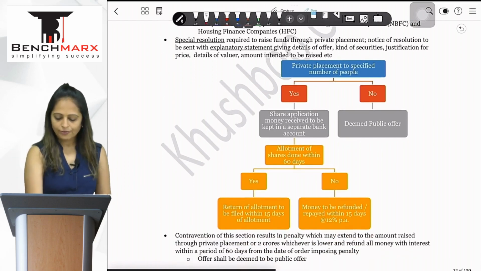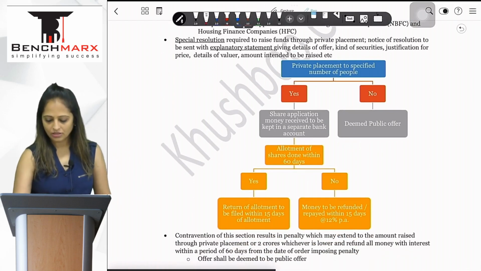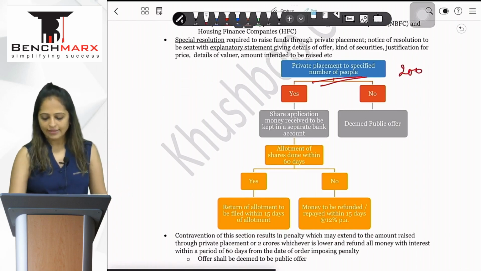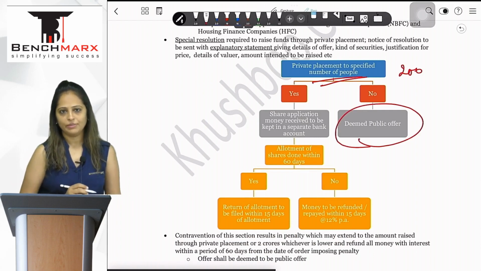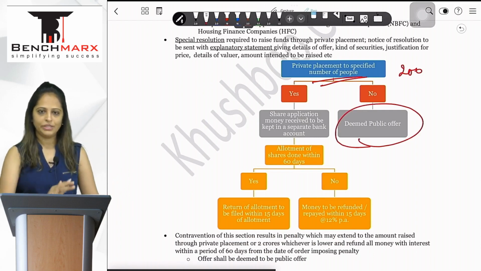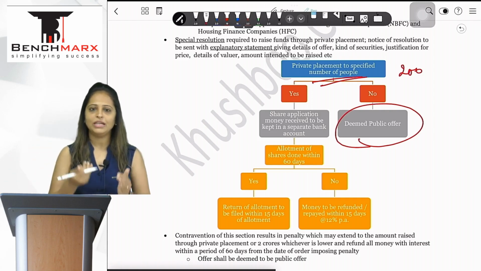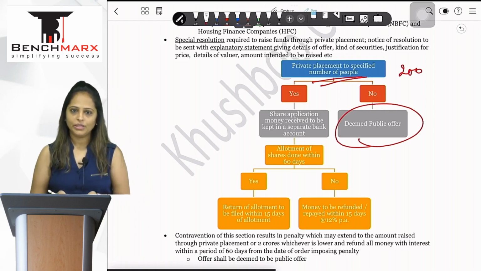Now, if you exceed the 200 limit after taking all the exclusions into consideration, then it will be considered a deemed public offer. If you don't exceed, then it will be considered a private placement. In private placement, the same provisions apply: once you have received the money, within 60 days you will have to make the allotment of shares.